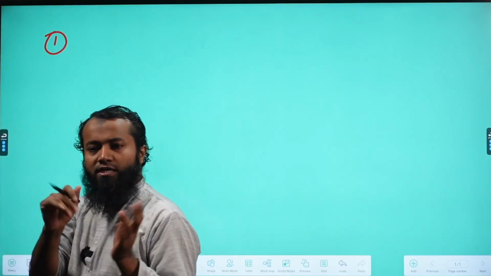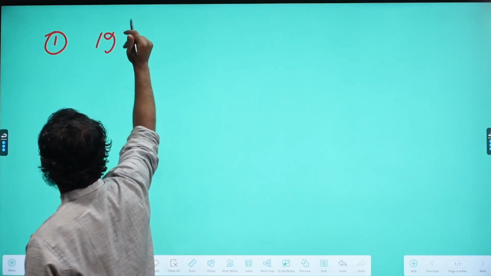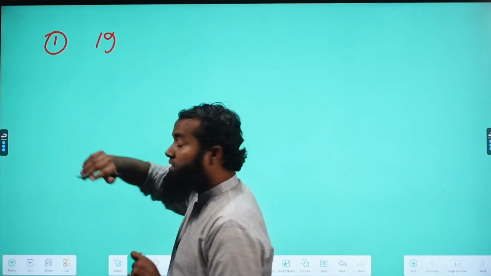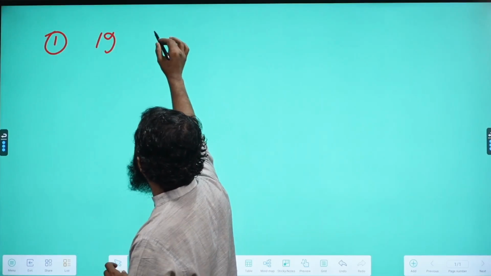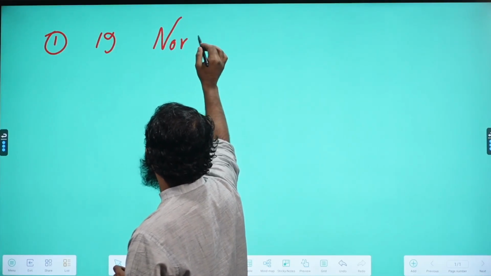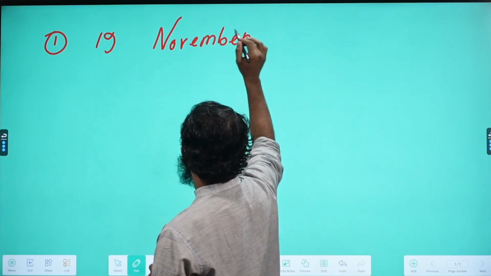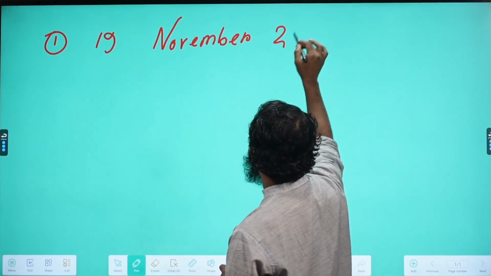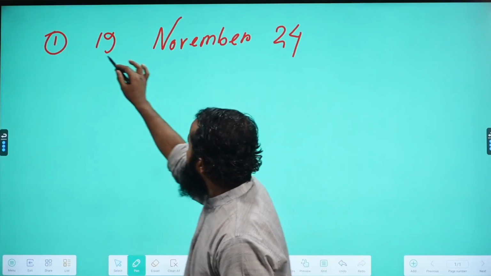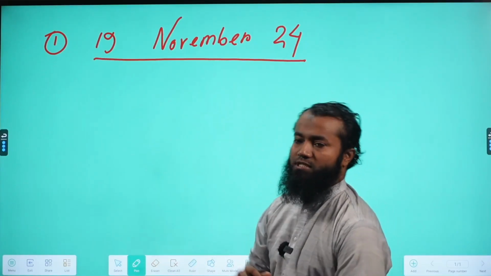Today, we know, is 19. Now we write 19, and then the month. We know it is November. And then the year. You have to write the date in this format.